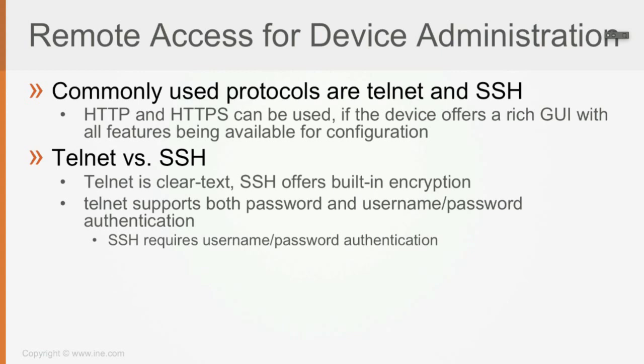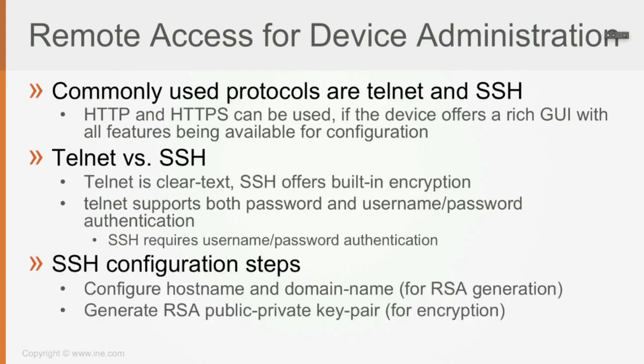Plain simple again, right? Another difference is that Telnet supports both password-only and username and password authentication, while SSH requires username and password based authentication. SSH can also make use of public-private keys, but it's outside of the scope of the CCNA blueprint.